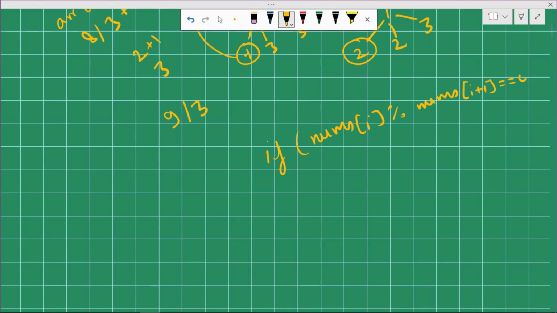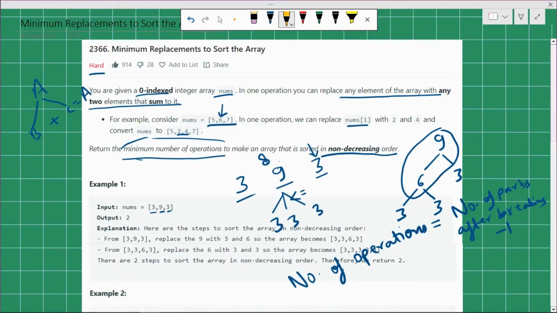If this remainder is 0. So here the number of parts will be simply nums at I divided by nums at I plus 1.